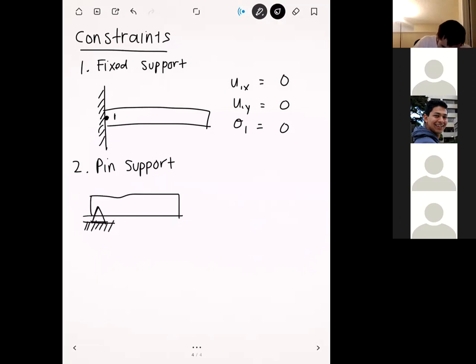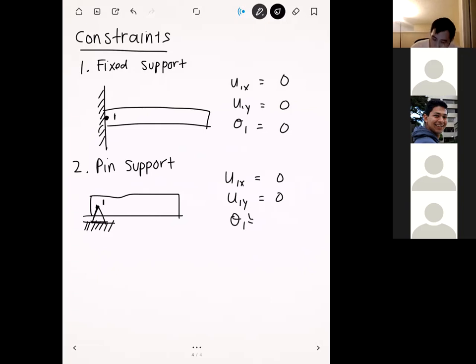Okay. And so you can think of it almost as like your element is being pinned at that node. And so a pin support is going to restrict the components of displacement, right? Since it's being pinned there, we can't displace at all. So u1x and u1y is equal to 0.